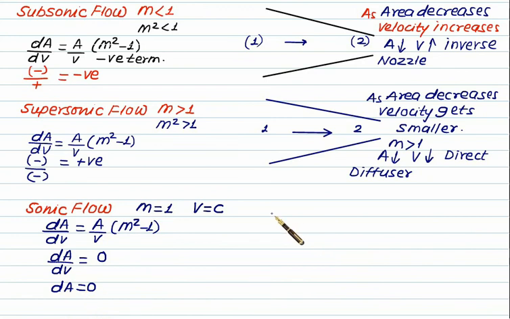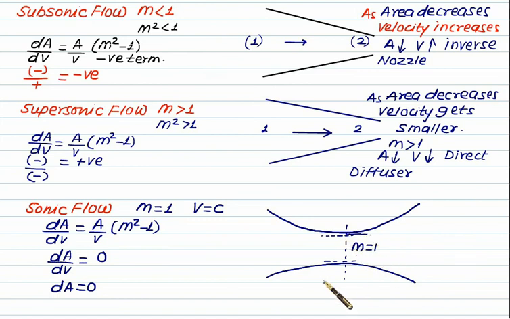It means that if we have a minima in the section, wherever we have minima at this point, that point will have a Mach number equal to 1. Now this is a flat tangent, that is the tangent is horizontal, so we have dA equal to 0. So whenever we have the minimum section, that will represent Mach number equal to 1.